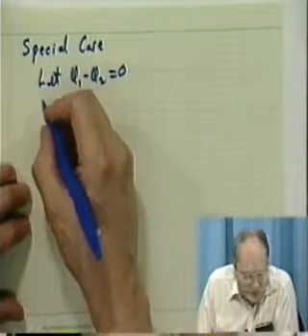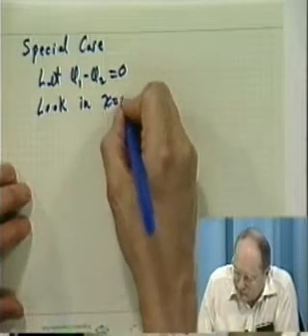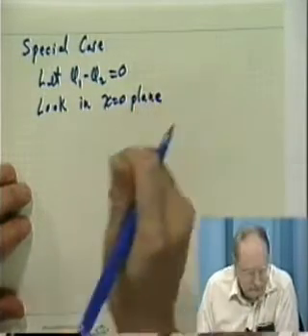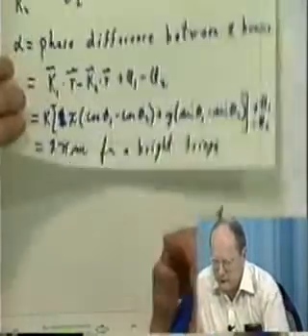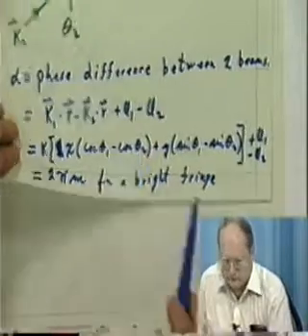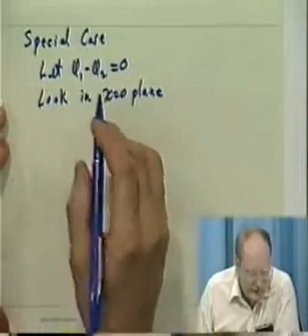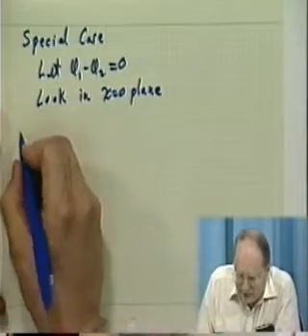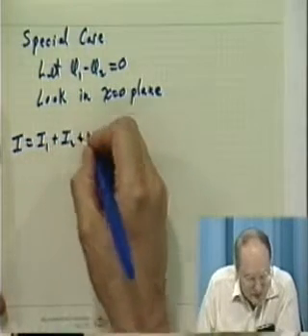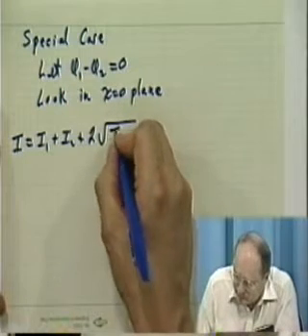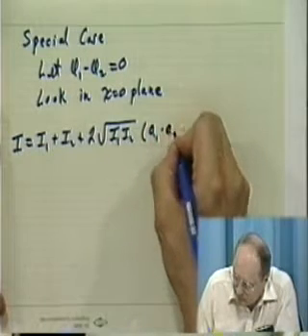Also, I want to make life simple for me. So I'm going to look in the x equals 0 plane. So that will simplify my expression for alpha here if I put in that x is equal to 0. So I could pick my coordinate system such that x is equal to 0. So now what we would have is that the irradiance I is I1 plus I2 plus 2 square root of I1 I2, and I better not forget the A1 dot A2.